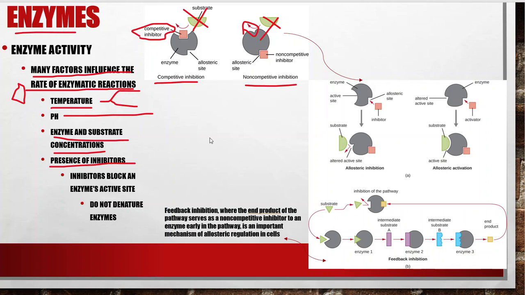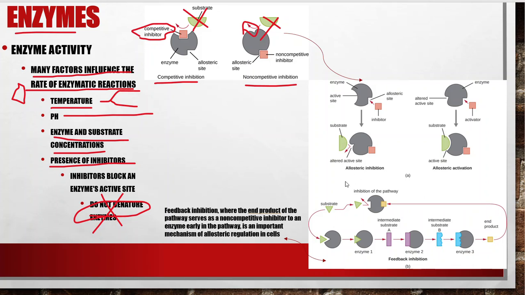So sometimes we don't want our enzymes running full blast 24 hours a day. Sometimes we want them to normally be running and we only turn them off on special occasions. Sometimes we want them to be off most of the time and we only turn them on when we need them. These are just control mechanisms. So these will block those sites, but they're not going to denature the enzymes, which, as I said, is permanent. Denatured enzymes, you can't unscramble an egg, guys.